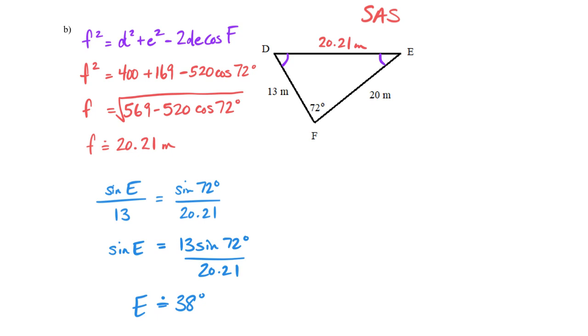Except, if you don't need to use technology. I want you to notice that as soon as you found that angle E was 38, you have two angles within your triangle. So find the third. If you wanted to go through and use sine law, you could, but I would hope that I have everybody that knows that they're going to use 180 minus the sum of the other two.